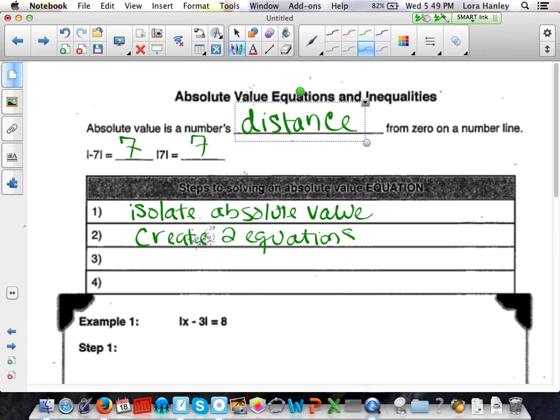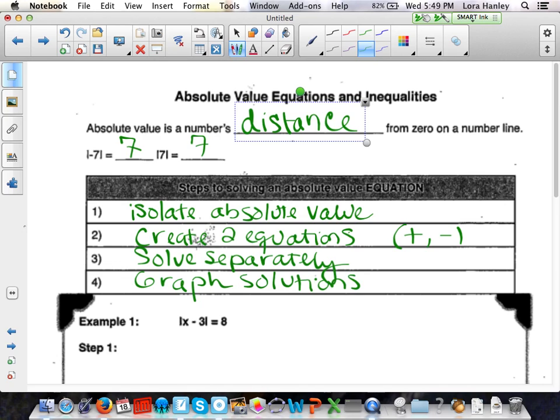One of those will be equal to a positive answer and one will be equal to a negative. For the third, you're going to solve both of those separately. And then lastly, you want to graph your solutions.